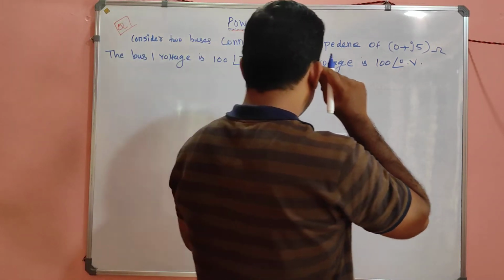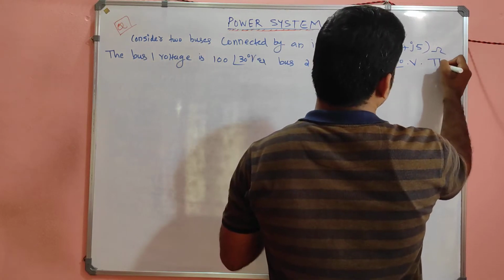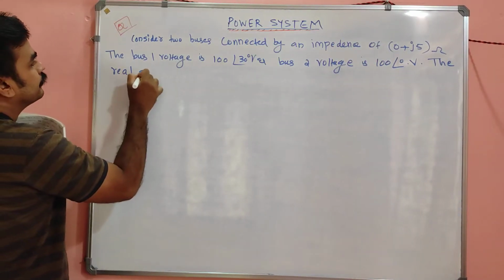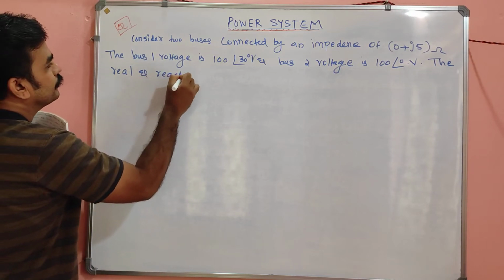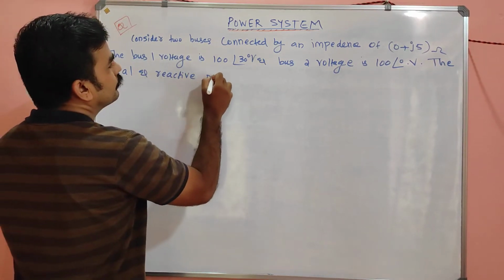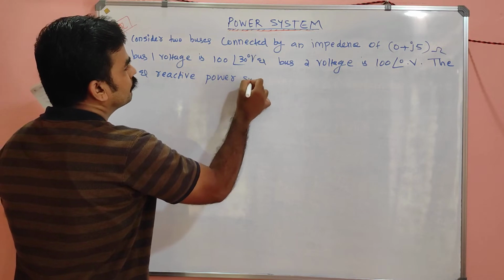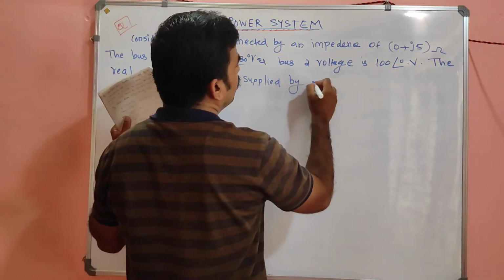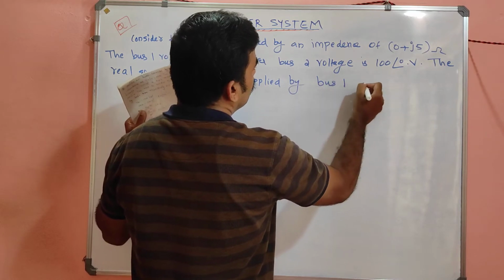The real and reactive power supplied by bus 1 are?